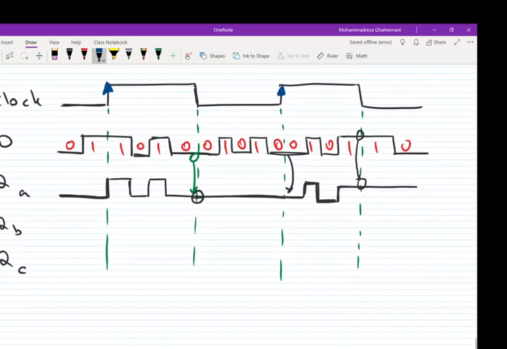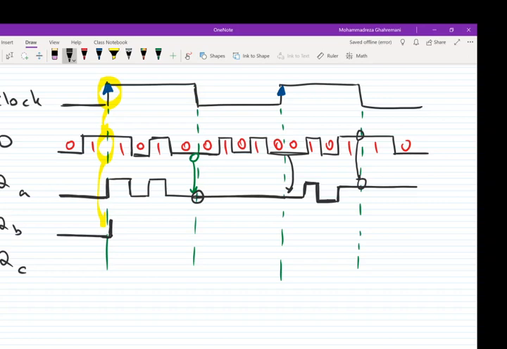Okay, so start from 0, QB. At this edge, the input will move to the output. So what is the input of the flip-flop at transition? Of course is 1. So the output will be changed to 1.